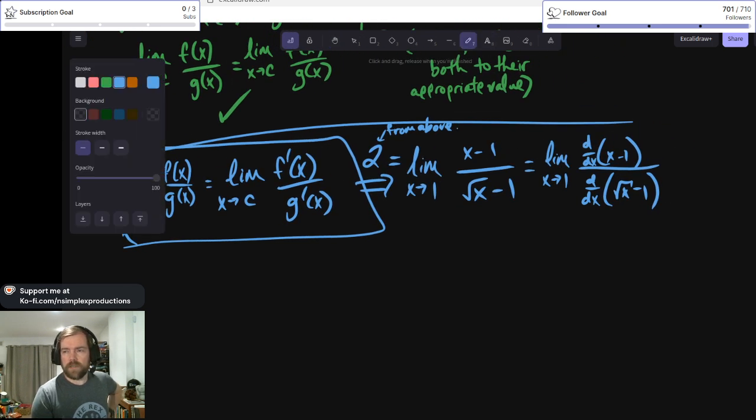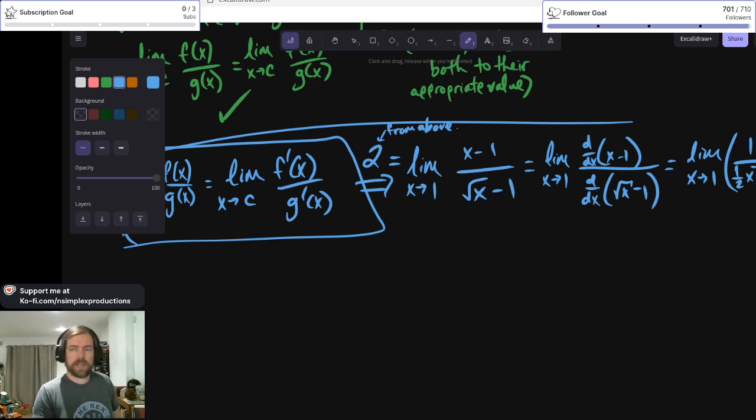So what does that mean in terms of what we've got here? Well, d/dx of x minus 1 is just going to be 1. So take the limit as x goes to 1 of 1 over, and in the denominator we have x to the 1/2 now becomes, just as we did all these other times, 1/2 x to the negative 1/2, right?